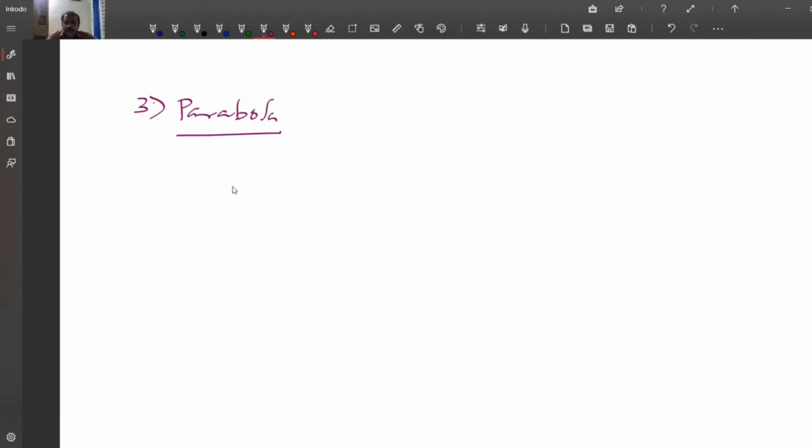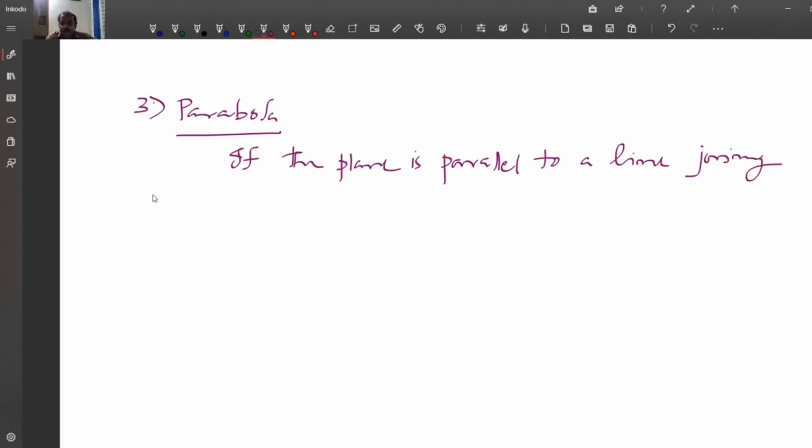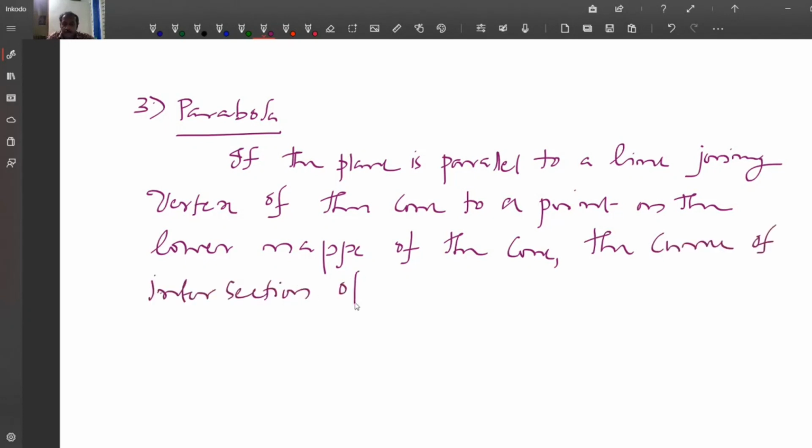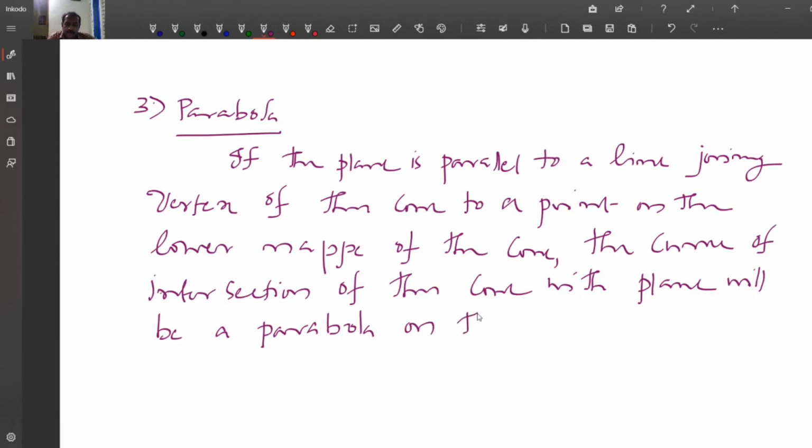Now we discuss the case of parabola. If the plane is parallel to a line joining the vertex of the cone to a point on the lower nap of the cone, the curve of intersection of the cone with the plane will be a parabola on the upper nap.